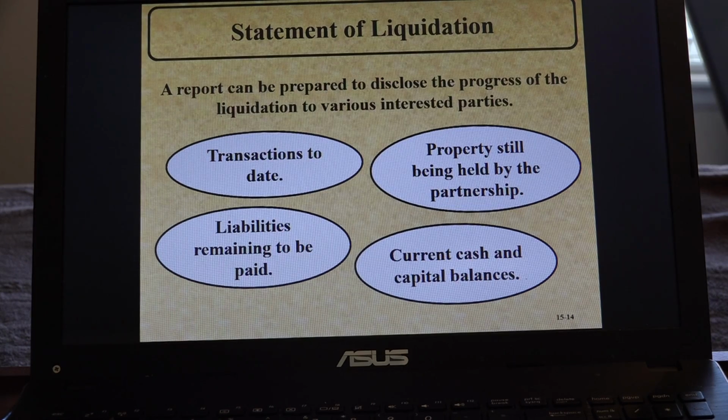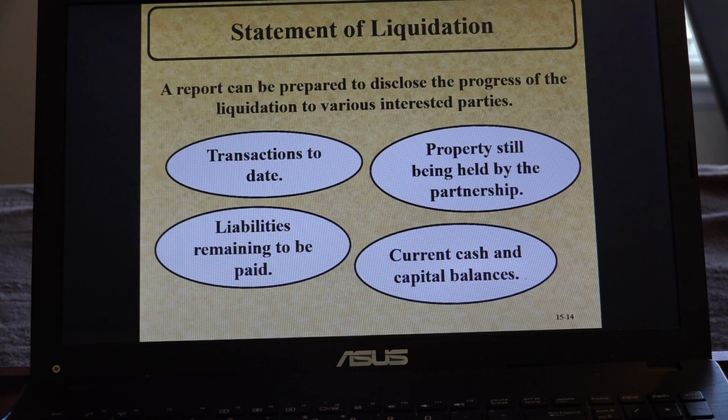Now, these liquidations can take a lot of time. And as a result, the parties involved, creditors, the partners, want some idea on the progress of the liquidation as it goes along.